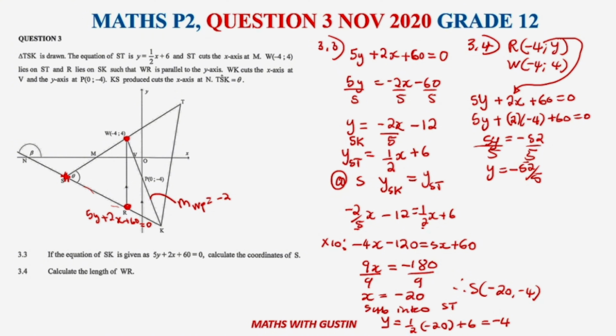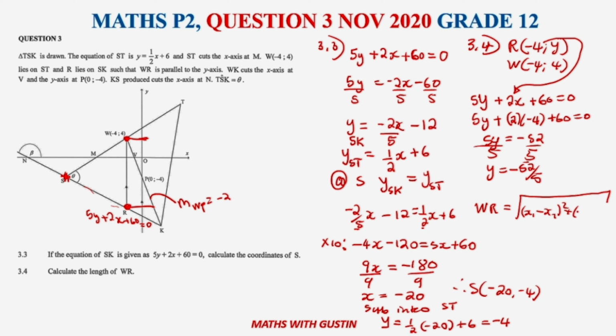Now with having the value of R, either we can use the distance formula, or you can calculate just by looking at the y-axis, by inspection, counting how many units there are from here up until here. Or you can use the distance formula between the two of them. Just to avoid causing confusion, guys, let's rather use the distance formula. So WR is equal to the square root of x1 minus x2.